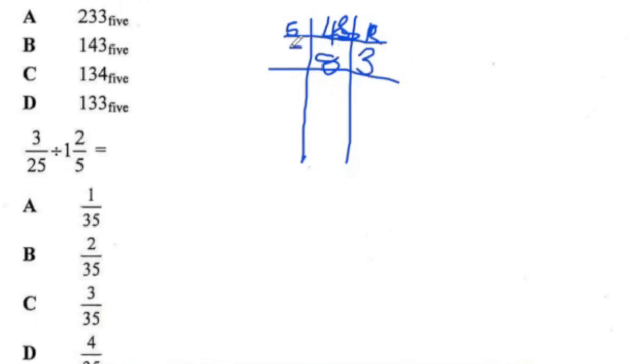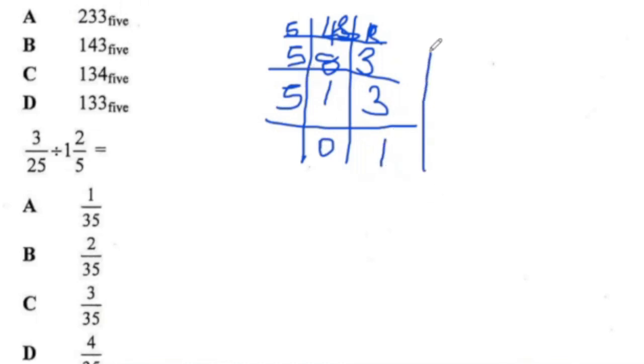So we again come down here and divide 8 by 5, which will go 1 time, remainder 3. Now again I'm going to divide 1 by 5, which is going to be 0, remainder 1. So in writing the answer, I'll start from down, go upwards.